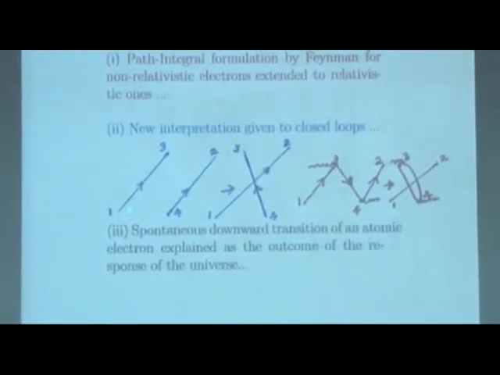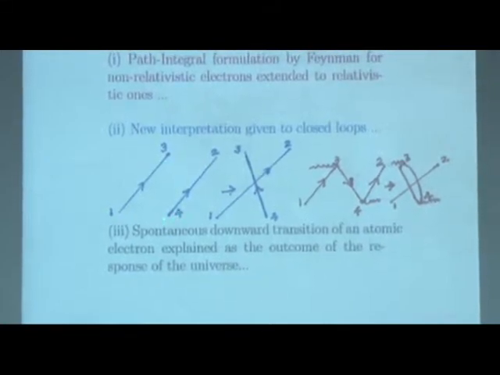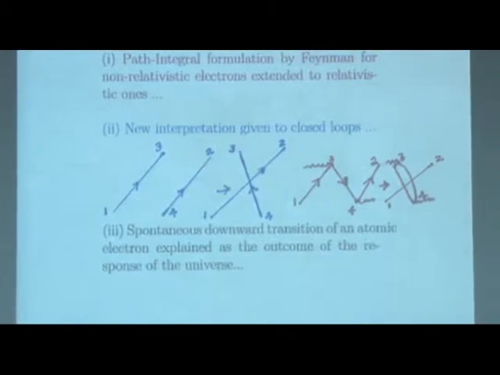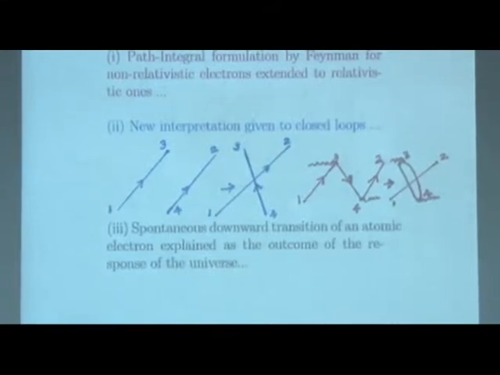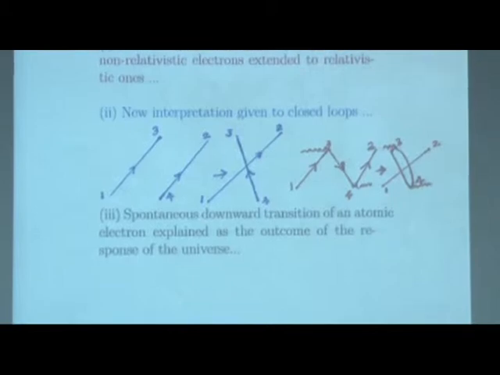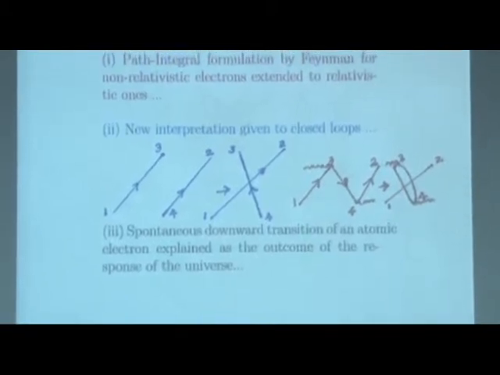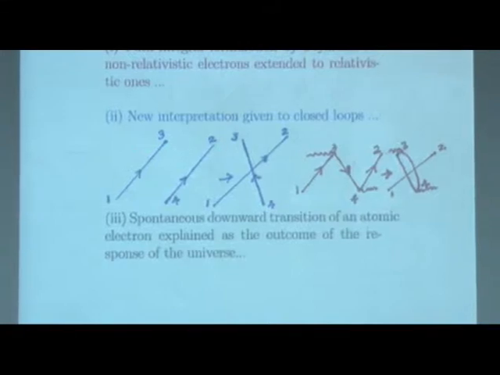If you see here, two electrons, one goes from 1 to 3 and the second goes from 4 to 2. Now, you use this symmetry of interchange between two electrons, because all the expressions have to be symmetrized between two fermions. So, what happens then is 1 goes to 2 and 4 goes to 3.